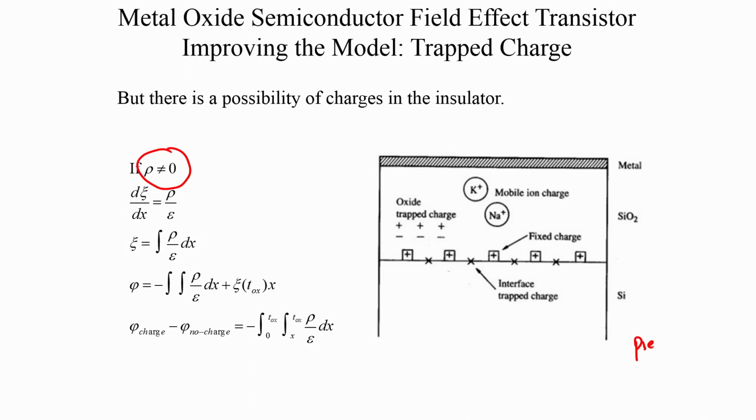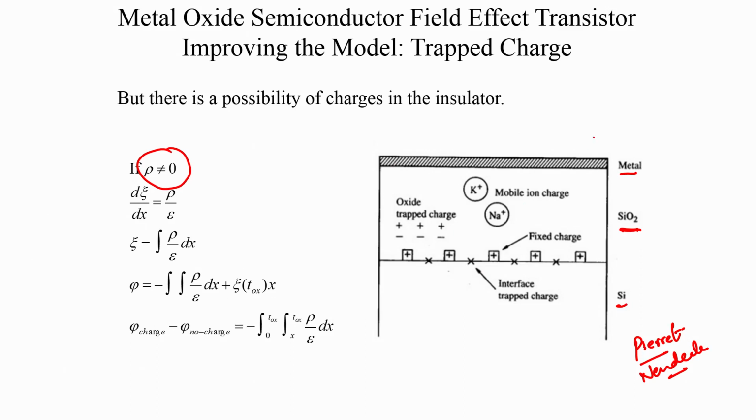Okay, so I will edit the correct reference in, and this picture has been borrowed from that text, and it shows a more practical scenario of the insulator, or in this case a silicon oxide sitting in a MOSFET. So, you have the metal, you have the silicon oxide, and you have the silicon. Now, this is a very busy diagram, you see a lot of species here.